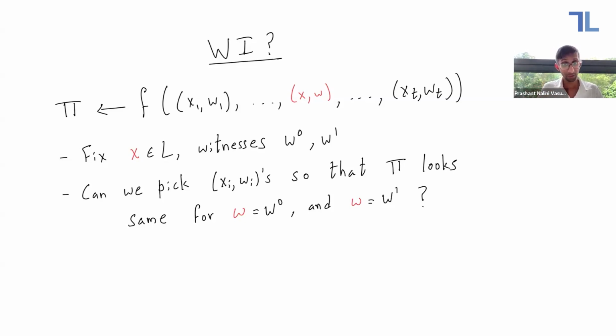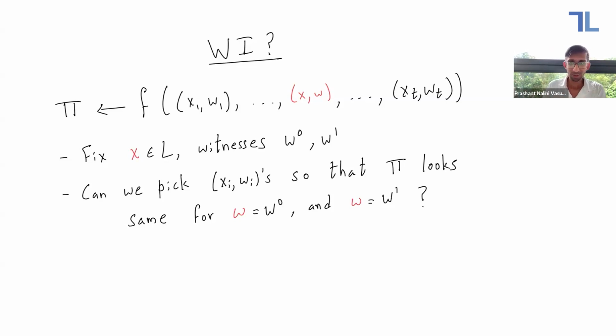This is what witness indistinguishability comes down to. I want to pick x1, w1 up to xt, wt in such a way that these two look the same. It doesn't matter whether I use x,w0 or x,w1, the output of the F, the string pi, should look the same.